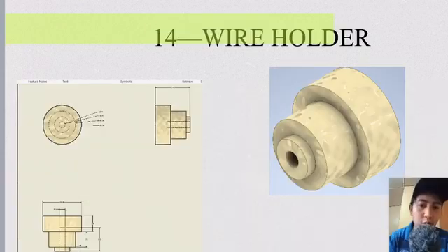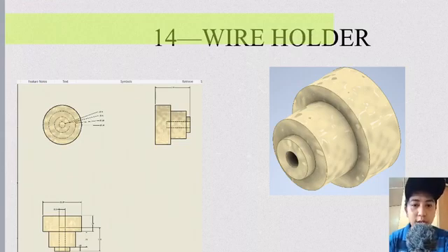And this wire will go to the wire holder, which has 0.79 diameter for the small one at the front, 1.38 diameter for the middle one, and the biggest one is 1.97, and the hole inside this wire holder is 0.39.